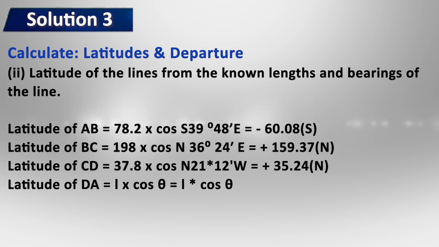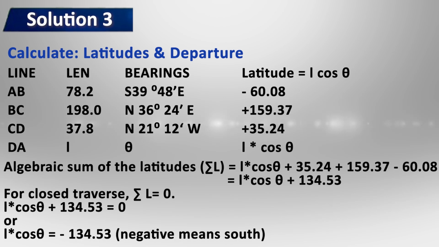Latitude of line DA is equal to L cos theta. Since the length is not known to us, even the bearing is not known to us, for the moment we will write it as L cos theta. And we know that the algebraic sum of the latitudes should be equal to 0. So we will add all the terms.